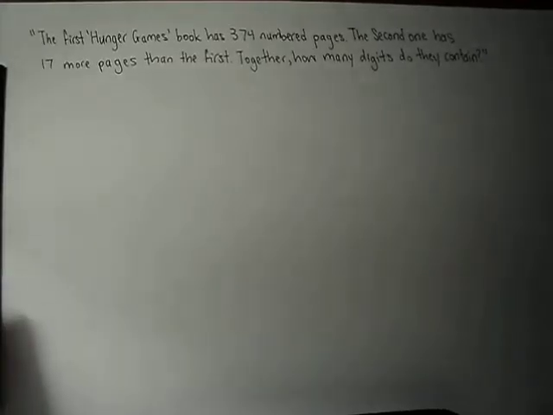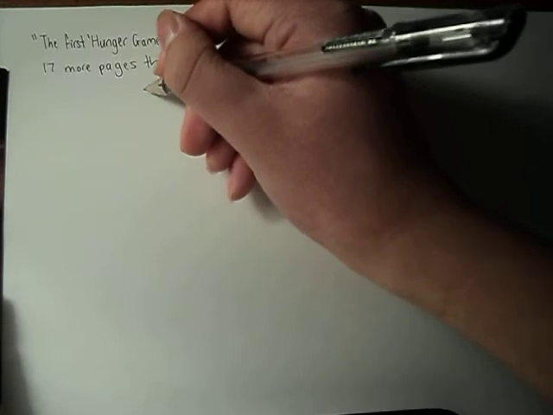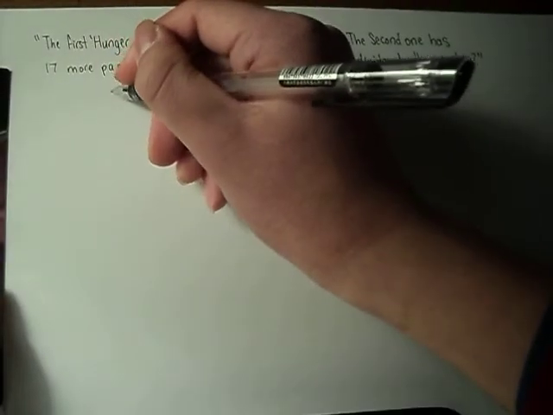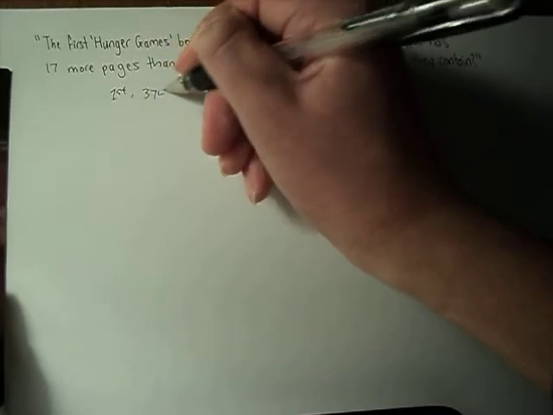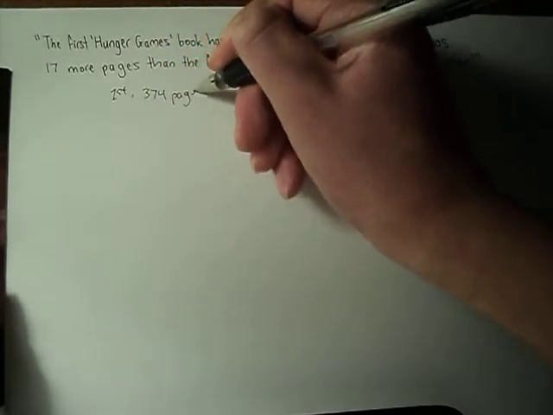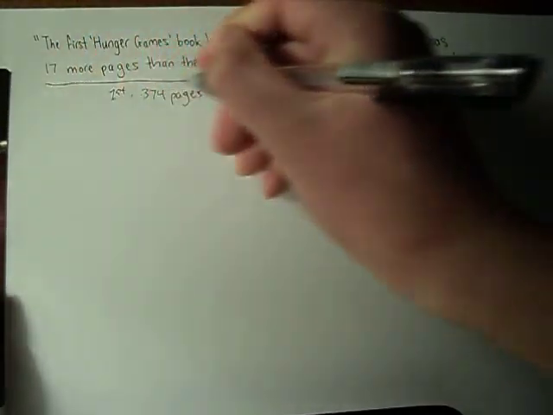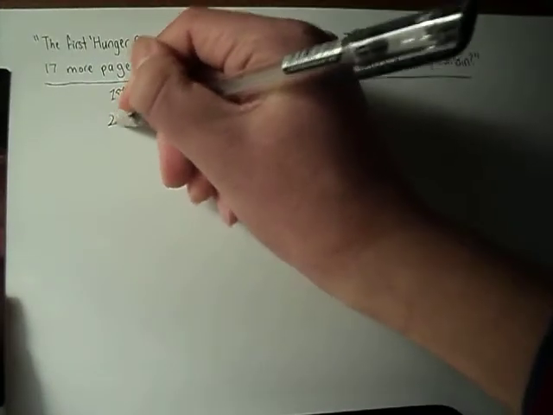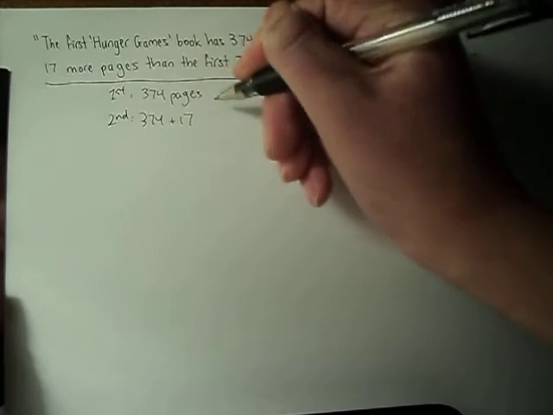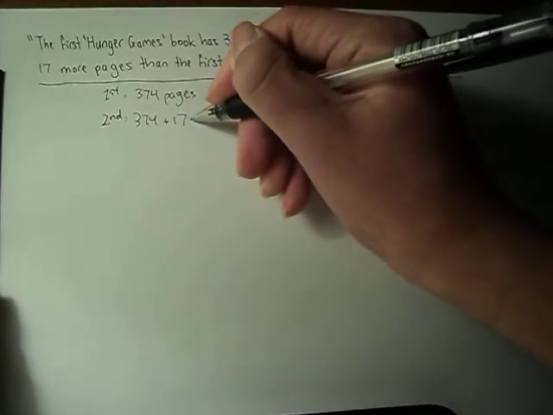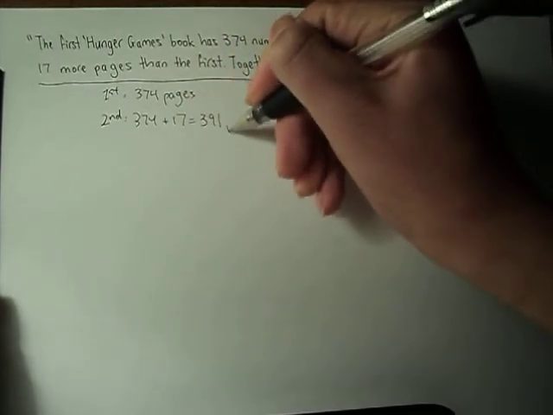So, let's figure out how many pages the second book has. The first one has 374 pages. The second one has 374 plus 17, and that would give us 391 pages.